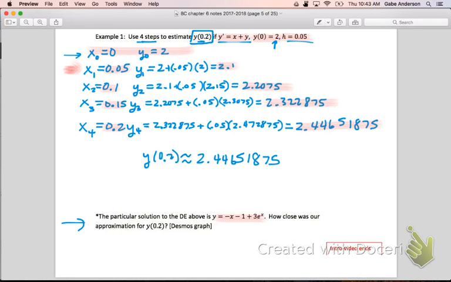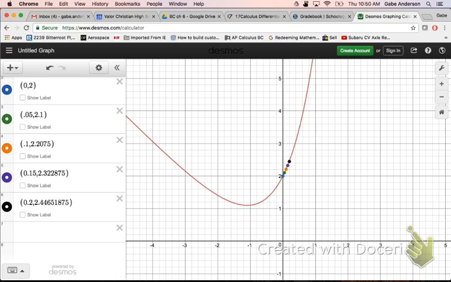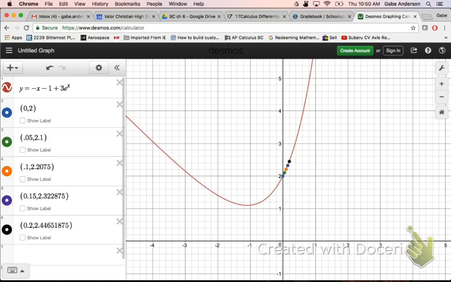We'll compare those two. So check this out. I made this graph on Desmos, and what you'll see over here on the left is that the red graph is the particular solution, and then down below in all these other different colors, I've listed out the various points that we generated with our Euler's method.